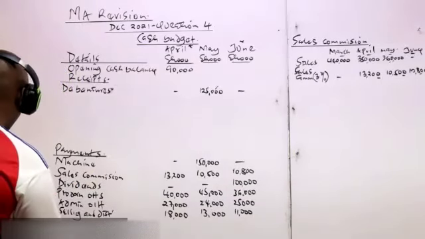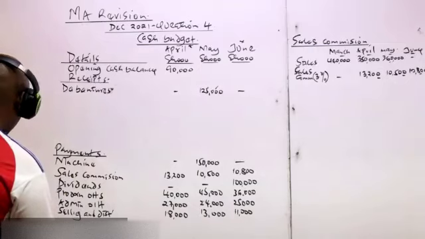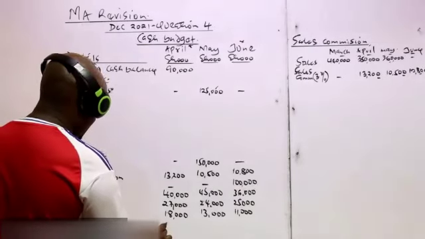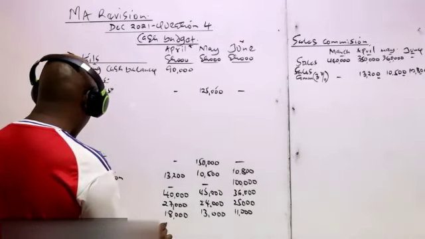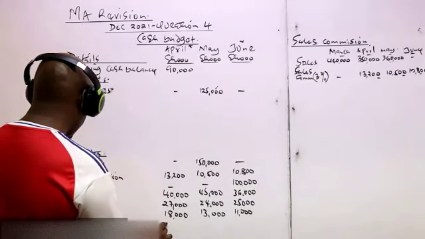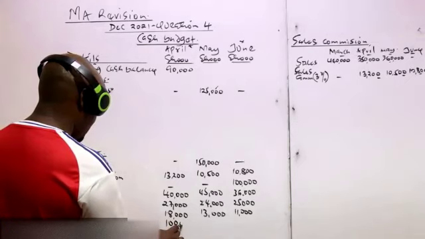Wages is below the direct material. So wages will be paid after 1 month. There is a delay in 1 month. So the ones to be paid in April are for March, which basically is 100,000.